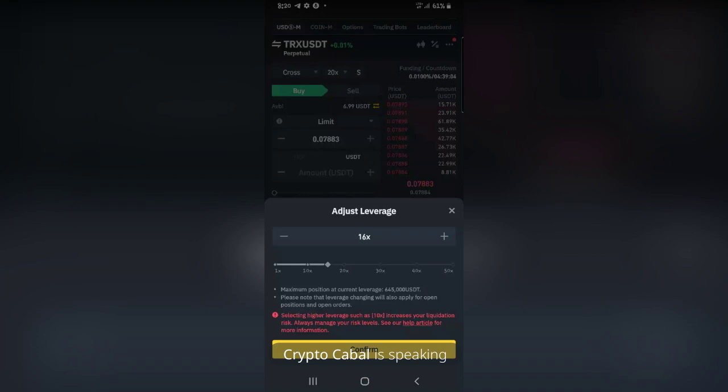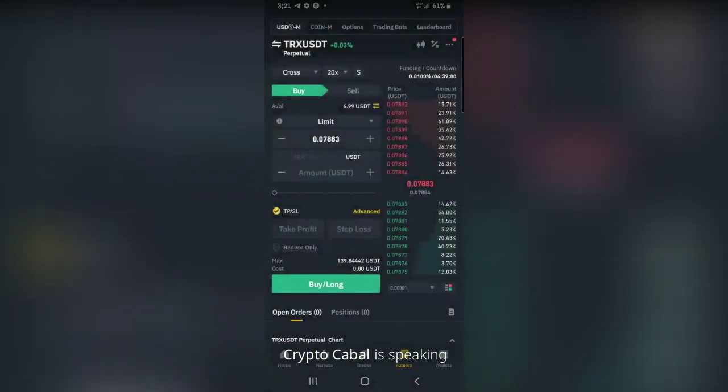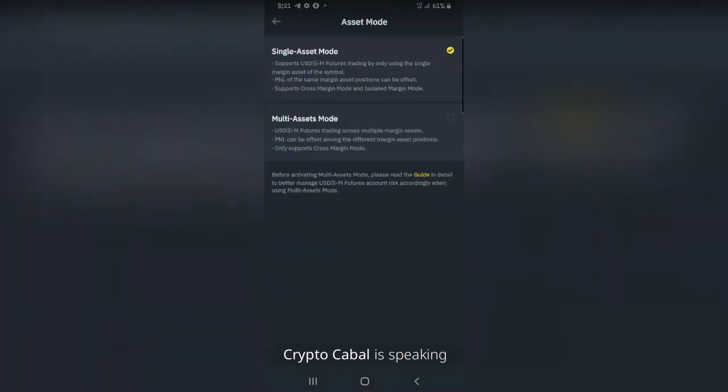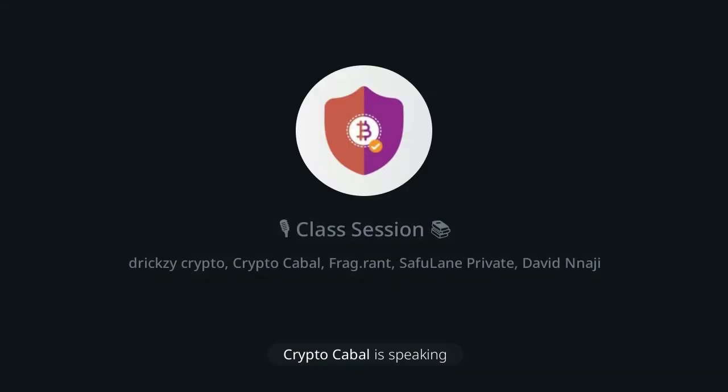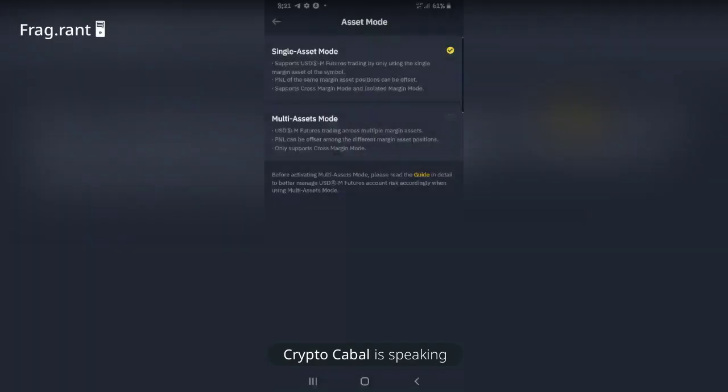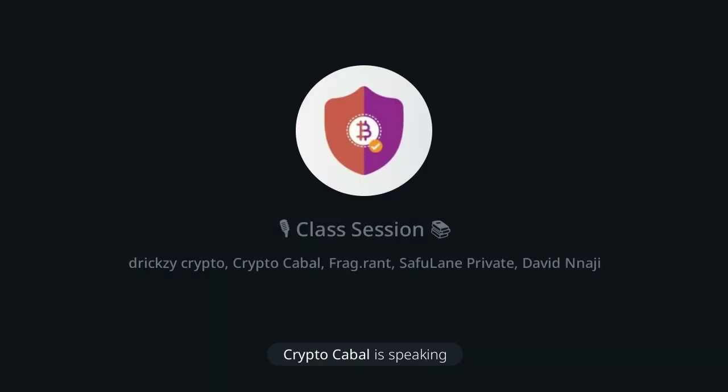Now, when it comes to that place showing S, you can see that place showing S. It means single asset mode or multi-asset mode. That's the mode. Single asset mode just means you can only trade one asset at a time.